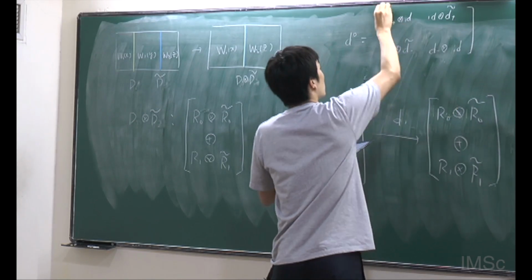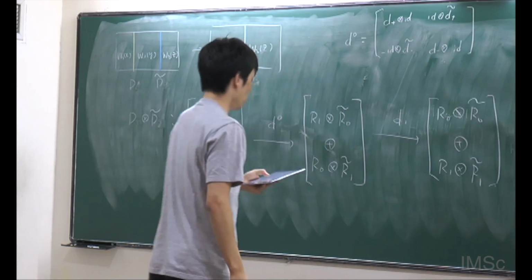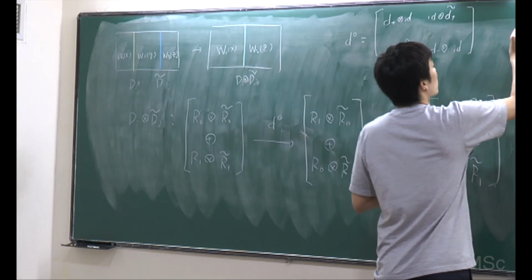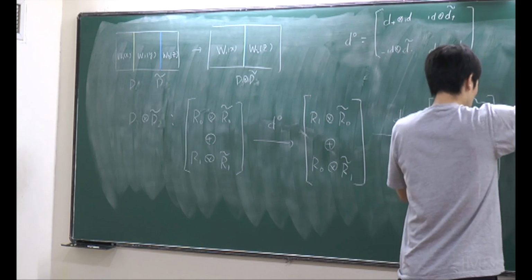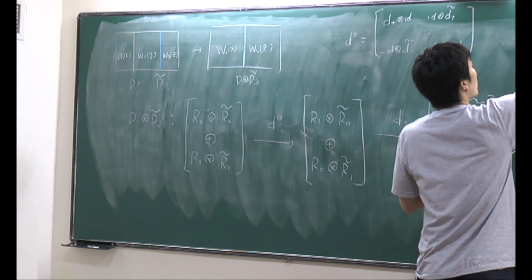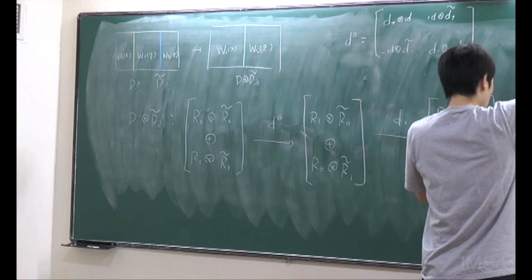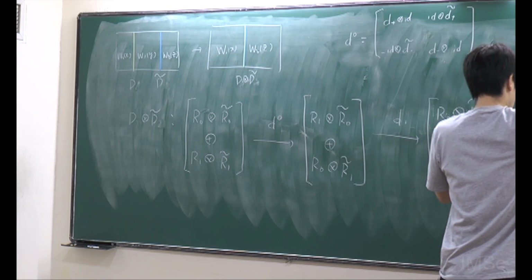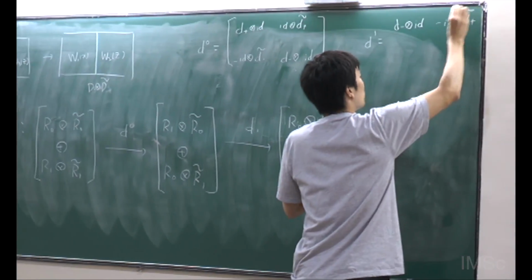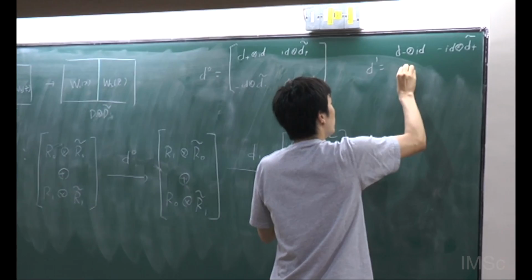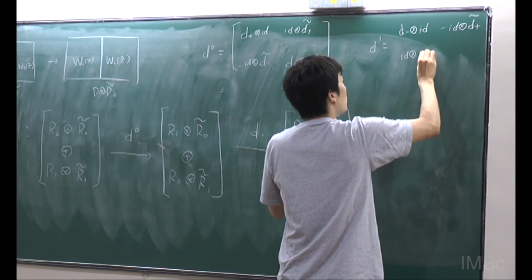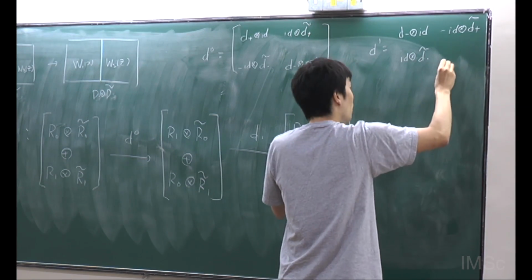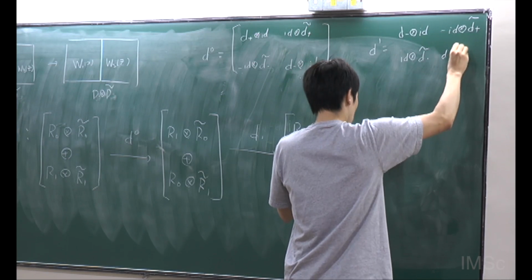So this is the map d0, and d1 is similarly constructed: identity cross d plus tilde, minus identity cross d minus tilde, and d plus cross identity.